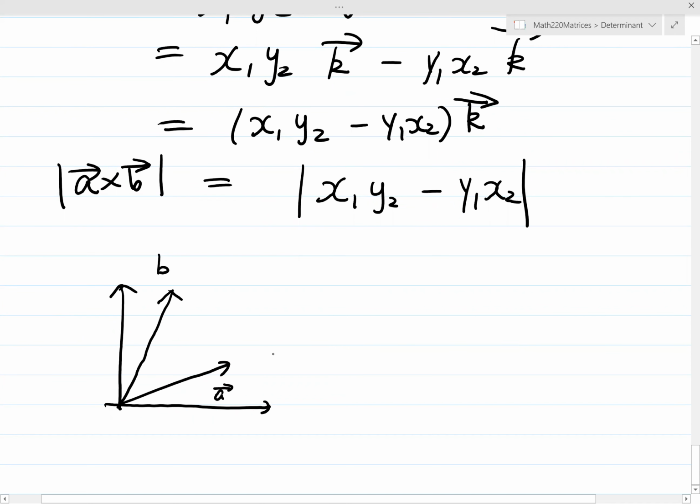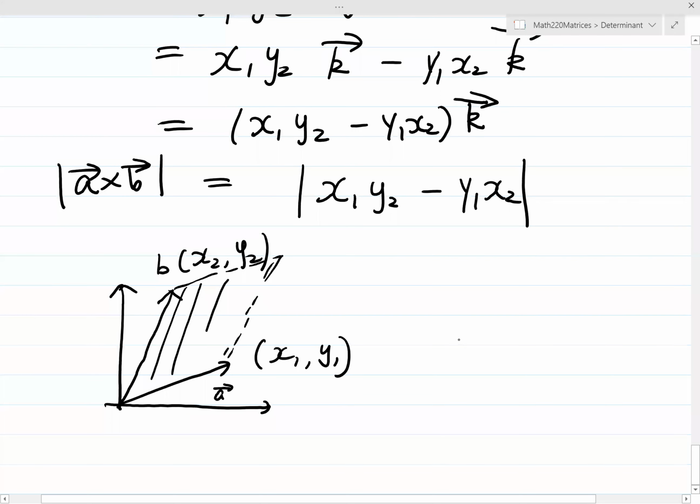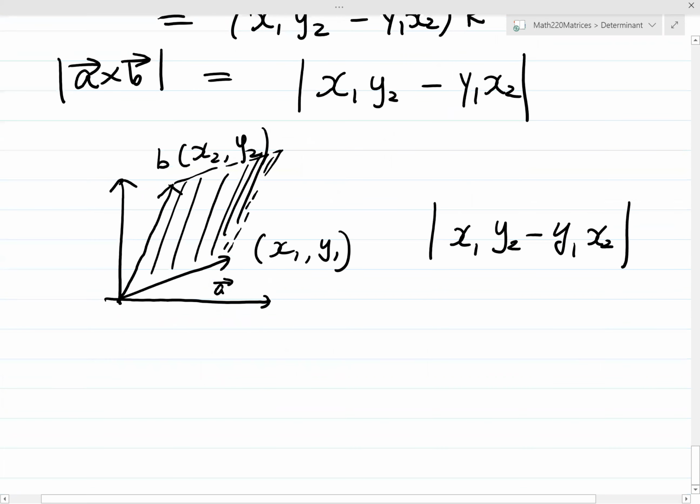Suppose this is x1, y1 and this is x2, y2. Then the area of the parallelogram is x1, y2 minus y1, x2. This is in the xy plane.